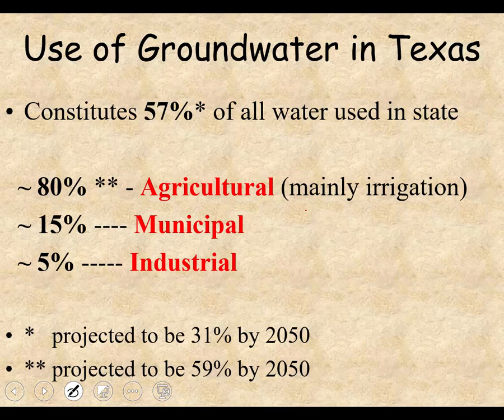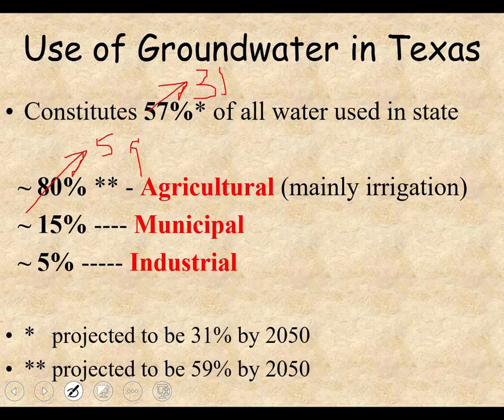Now, if you look at how groundwater is presently being used in Texas, about 80% is being used for agriculture, almost all of which is irrigation. About 15% for municipal and 5% for industries. What's interesting about that is the projections, because we're trying to project to 2050, and this is going to be projected to 59%, and this is going to be 31%.